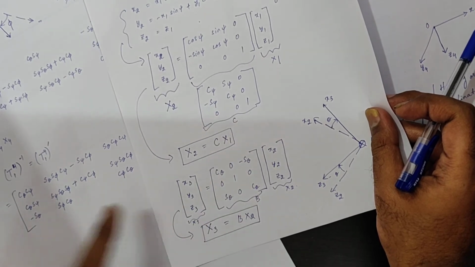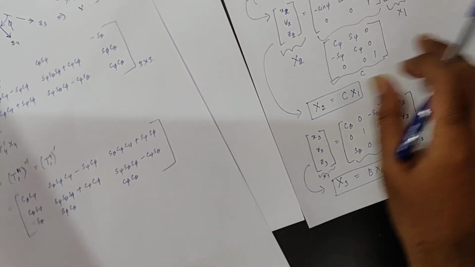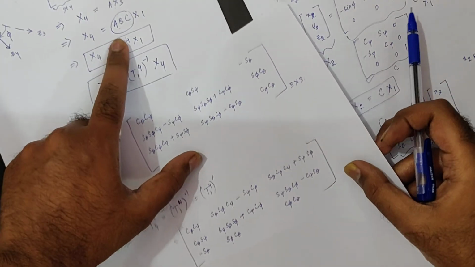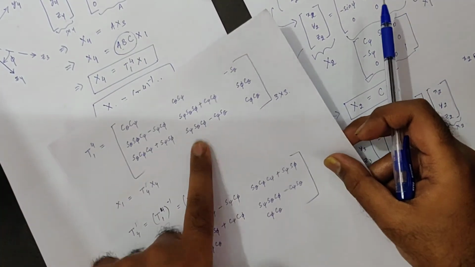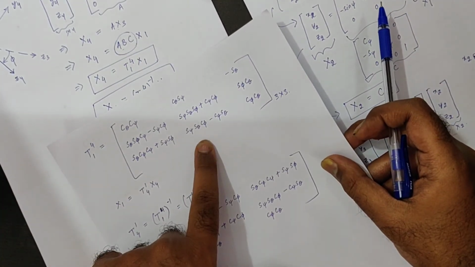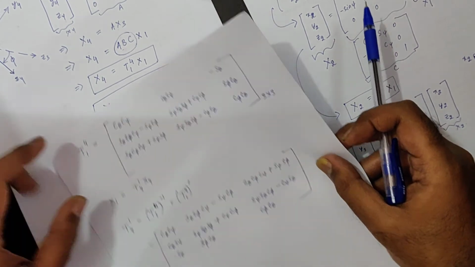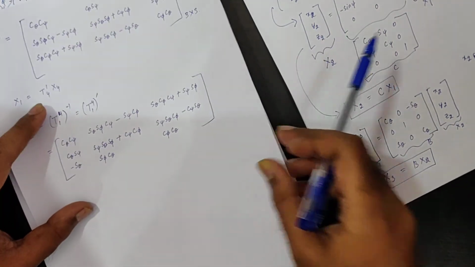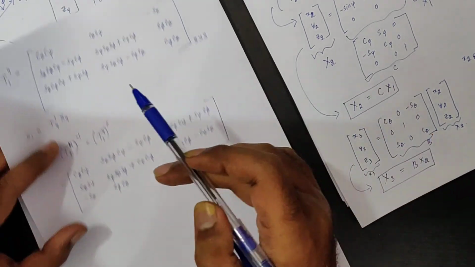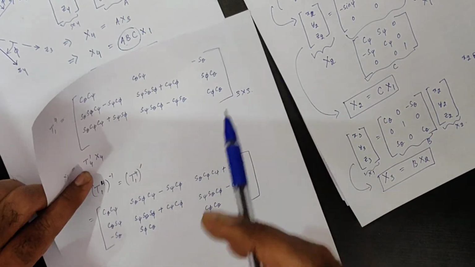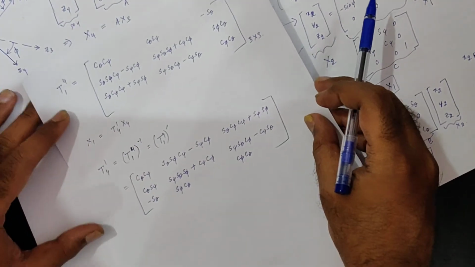All these matrices are orthogonal matrices. So therefore their product ABC is also an orthogonal matrix. Because they are orthogonal matrices, the product is also orthogonal.